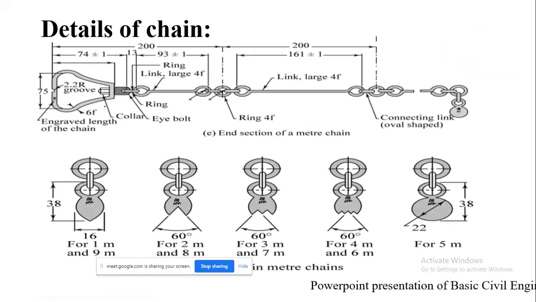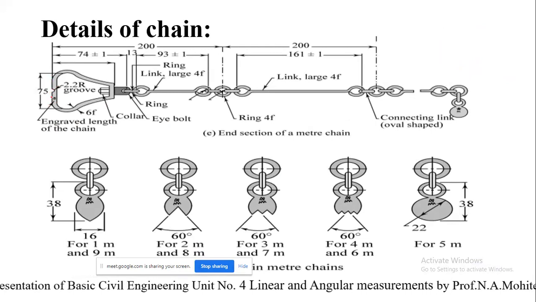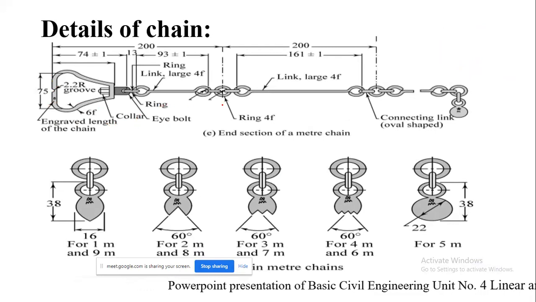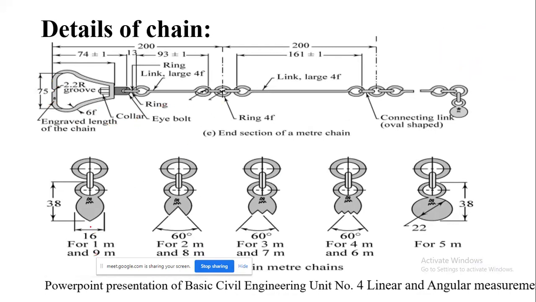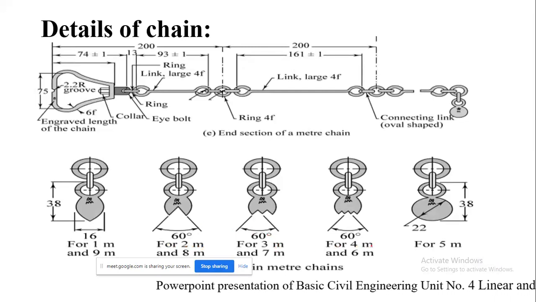Details of the chain: whatever the length of the chain, it is written here, whether it is a 20 meter or 30 meter chain. As I told you, at every 1 meter end a brass ring is provided. This is a single tally for 1 meter, for 2 meters it is like this, 3, and so on.